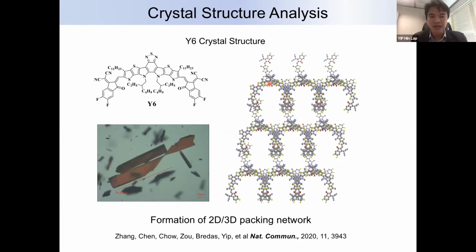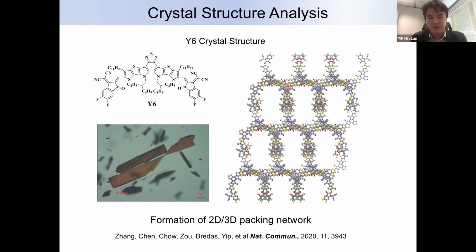And the third layer, they further connect this dimer into this direction, pointing in this orthogonal direction, and the fourth layer actually completes the crystal structure. So this three-dimensional packing network is very rare in organic semiconductors. We very seldom can see such an interesting structure.